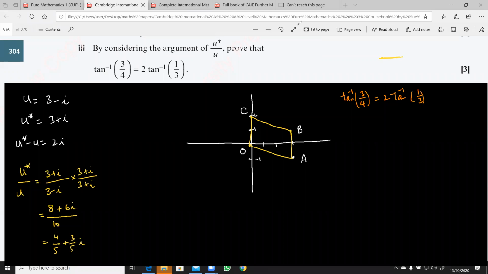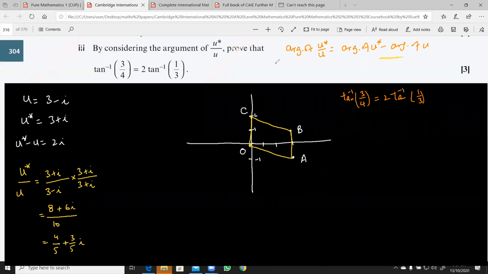Now, one thing that you need: what is the argument of u star over u? Can we say that the argument of u star over u is argument of u star minus argument of u? Yes? Polar form tells us this. Okay.